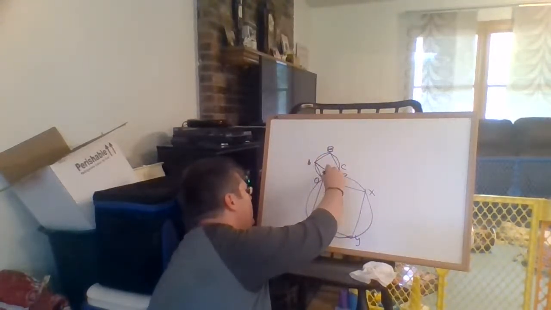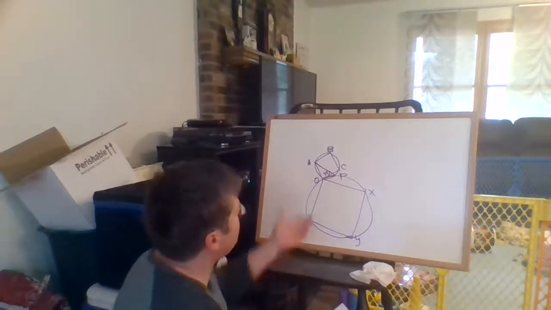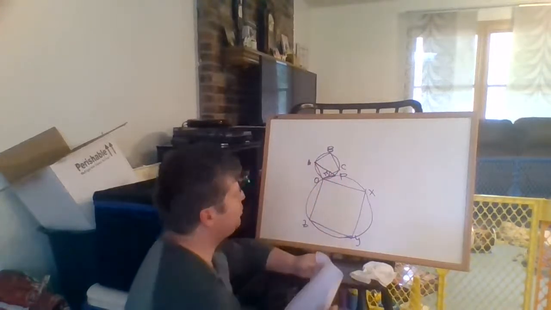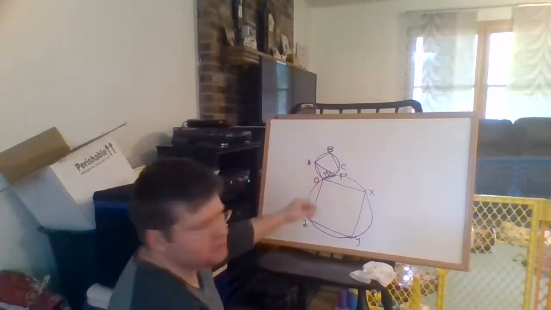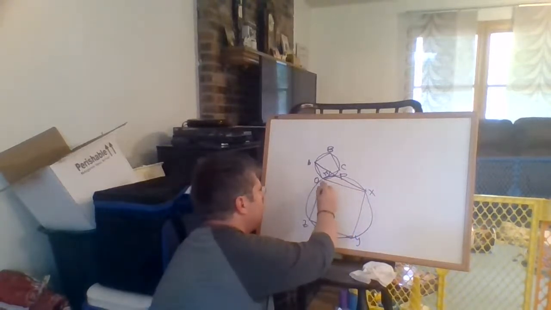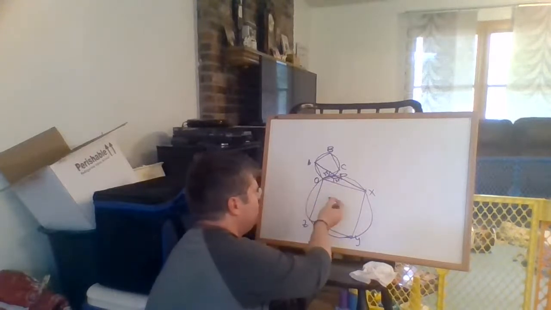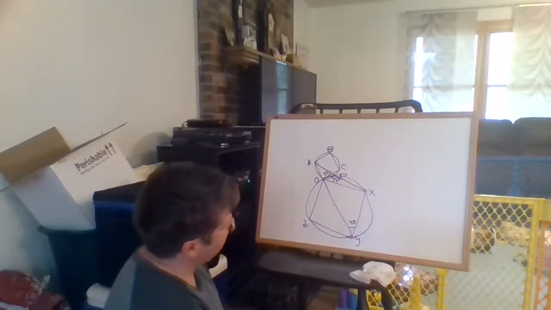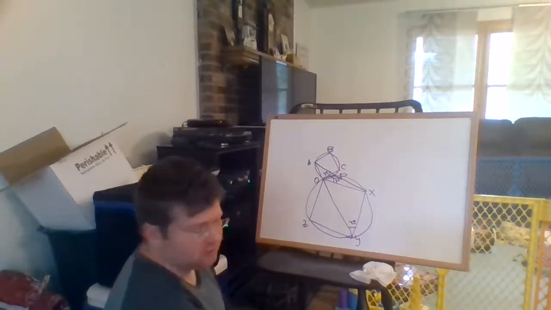Well, angle APO is 45 degrees because it's inscribed in this circle, and therefore it's equal to, for example, angle ABO, which is 45 degrees. And by similar token, OPX is equal to 135 because it's 180 minus angle OYX, for example, which is 45.